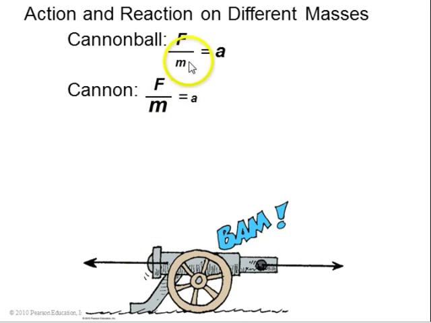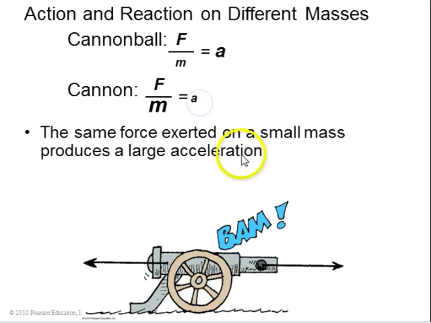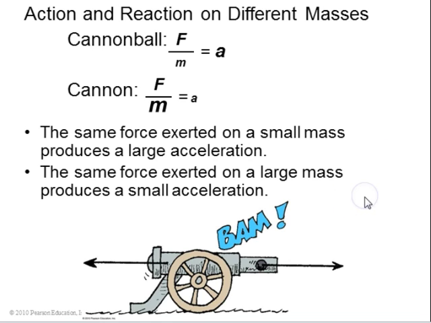But if you look at Newton's second law, you will see that the acceleration of the cannonball that has a small mass will be large, but the acceleration of the cannon, which has a larger mass, will be small. So the same force exerted on a small mass produces a larger acceleration. If it's exerted on a larger mass, it produces a smaller acceleration, which is why there's a little recoil on the cannon, but the cannonball goes very quickly forwards. Bam!